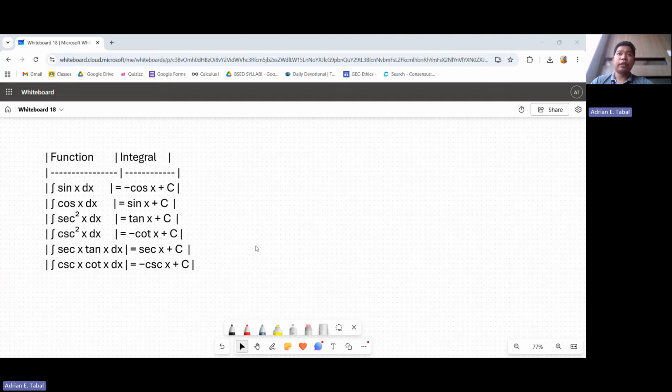So for example, we have the integral of negative 5 sine x dx. For the constant, we will not integrate it; we will only integrate the trigonometric function.